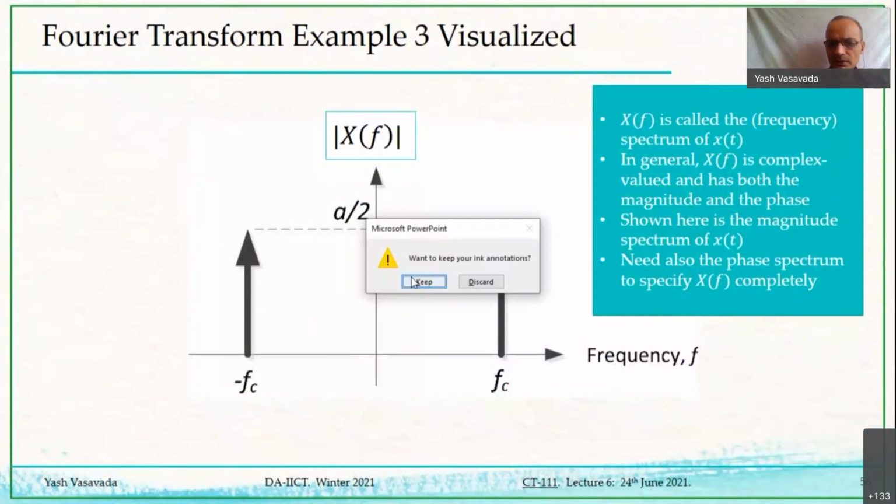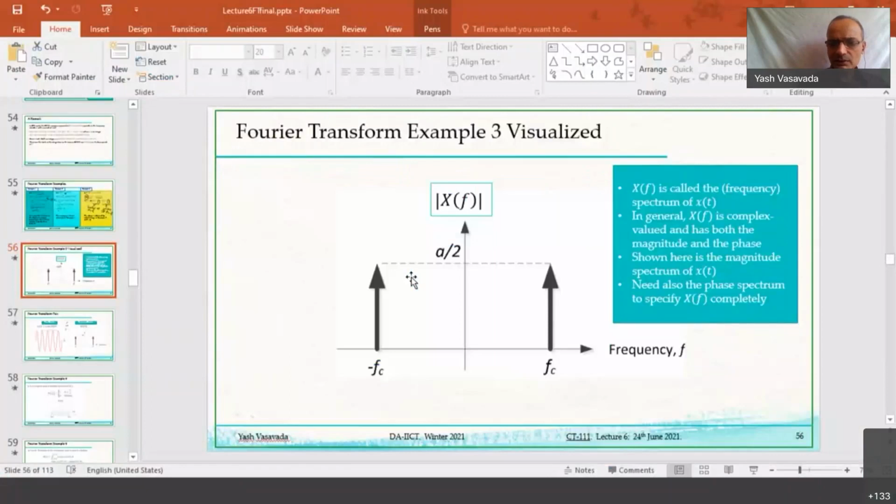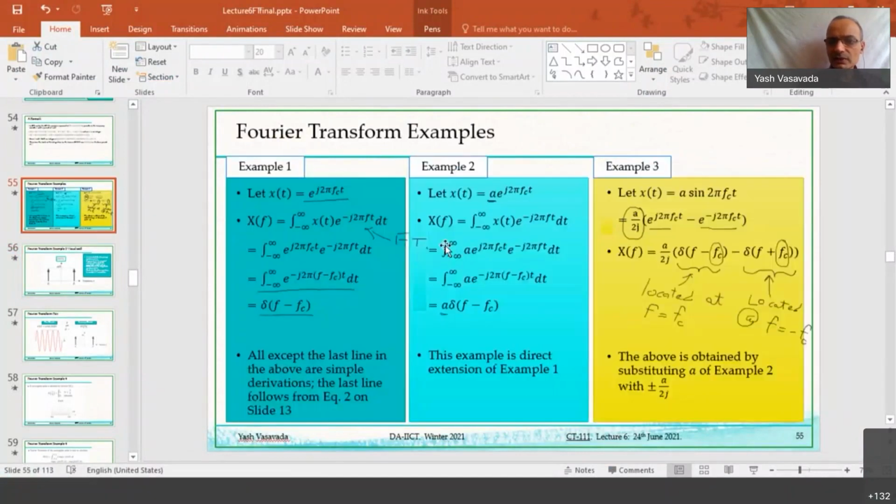So the way to see that pictorially is by this type of diagram. There are two spikes at f of c and minus f of c, and their magnitudes, as we can see from here, if I take the absolute value, it becomes just a divided by 2.